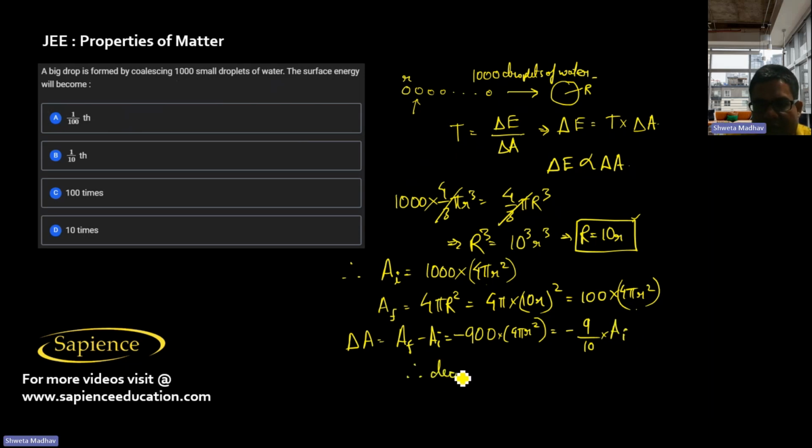Therefore, the decrease in the surface area, that is minus delta A by A initial, is the fractional decrease, which is 9 by 10.